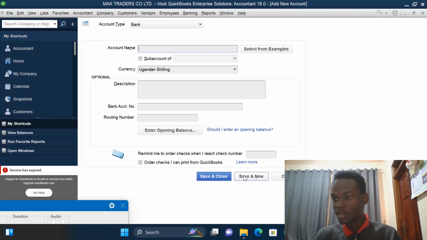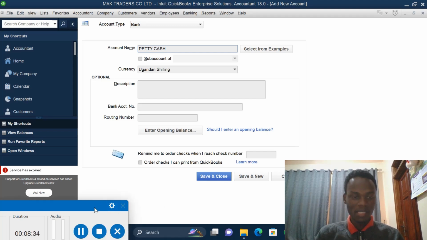Still falls under bank, and that is a petty cash book. So we'll come here, put petty cash book. It also doesn't have an opening balance.